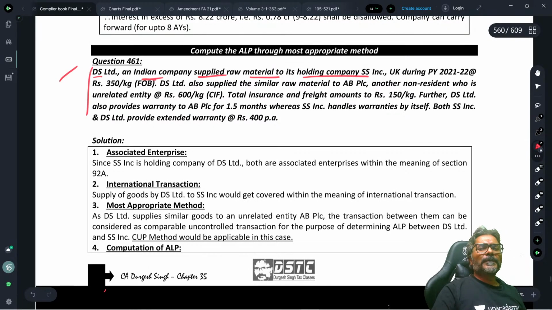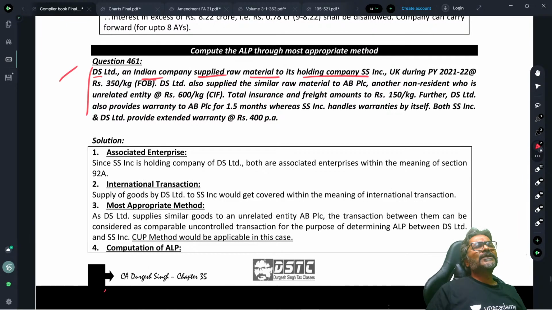Now let's look at this further. Here we will say that yes, they are associate enterprises because they hold a subsidiary relationship. The next thing they have told you is whether this is an international transaction. Does the transaction have a bearing on the profit and loss account of the Indian AE, which is DS Limited?